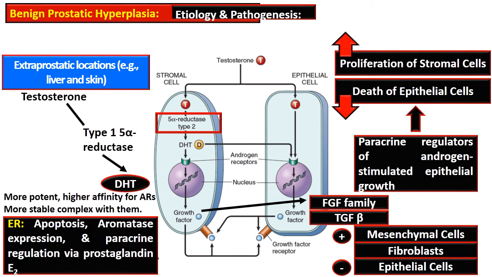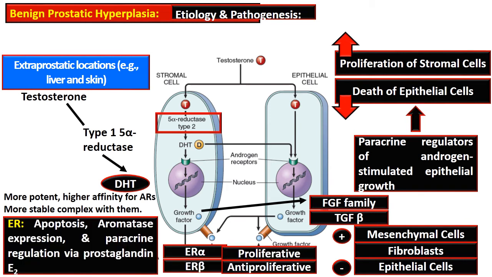Estrogen also plays an important role in the pathogenesis of this benign prostatic hyperplasia, because it is relatively high in the late phases of life. Two different forms of estrogen receptors are present: estrogen receptor alpha and estrogen receptor beta. These have opposing proliferative and anti-proliferative effects.